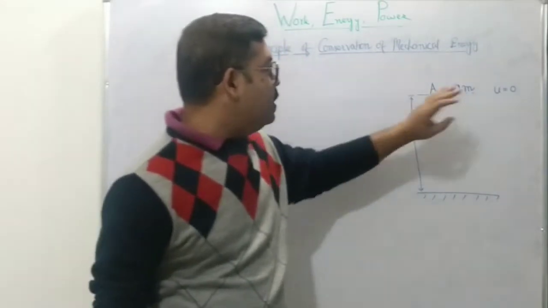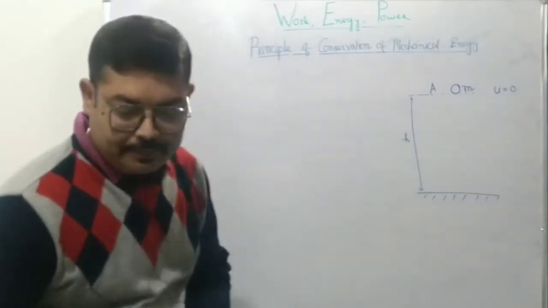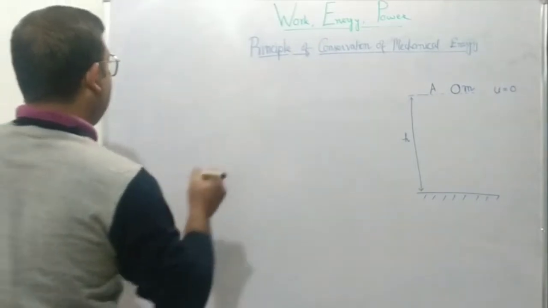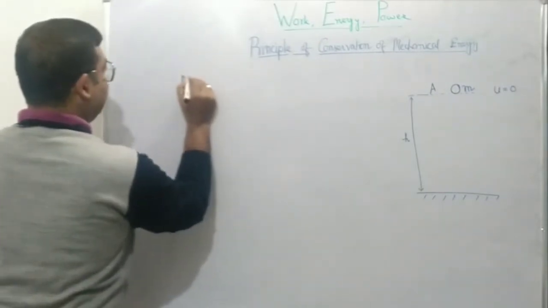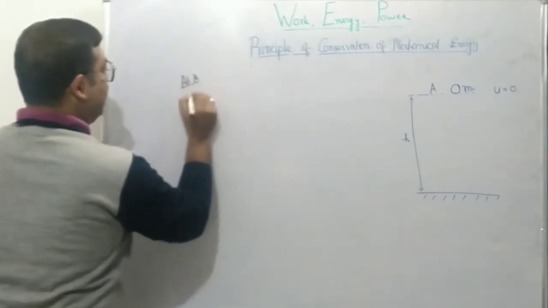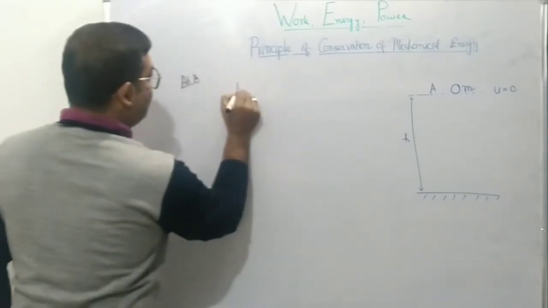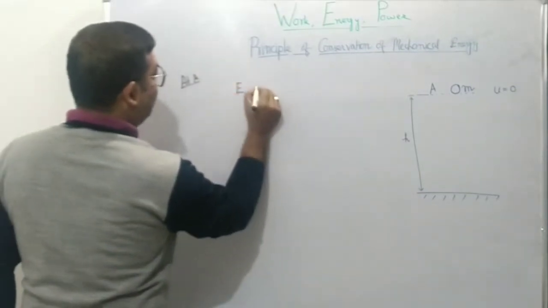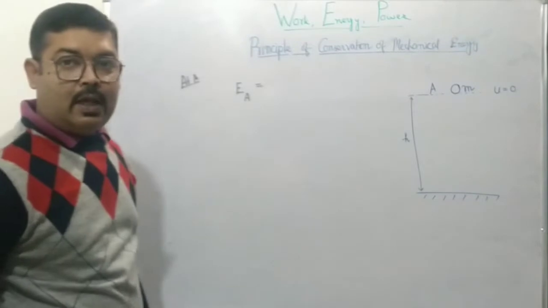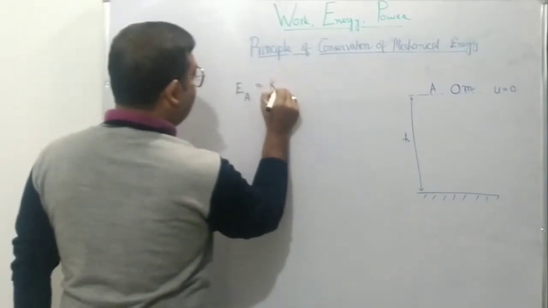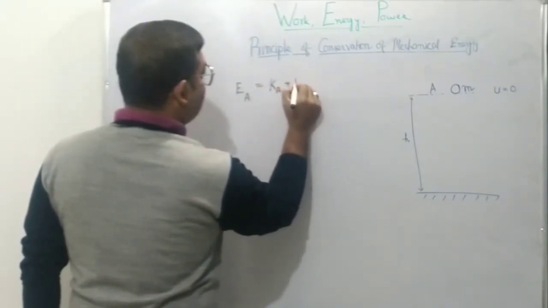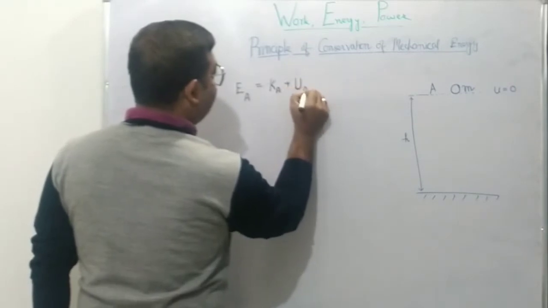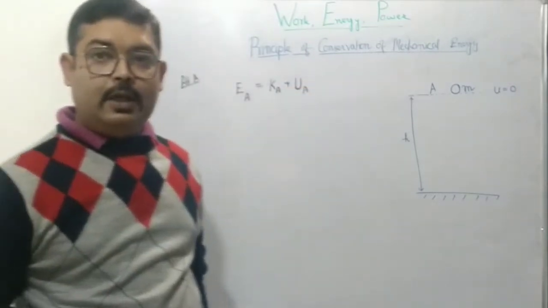So let's first consider the case at A. When the object is at point A, what is the total energy? Total mechanical energy is the sum of the kinetic energy at A plus potential energy at A, right? Now what is the kinetic energy at A?